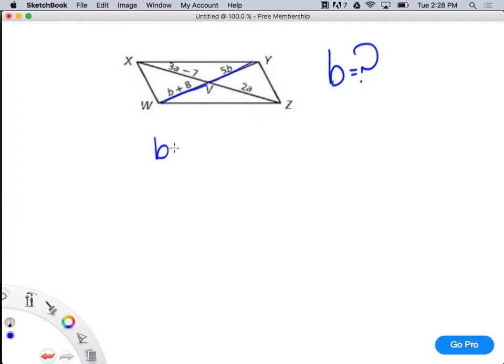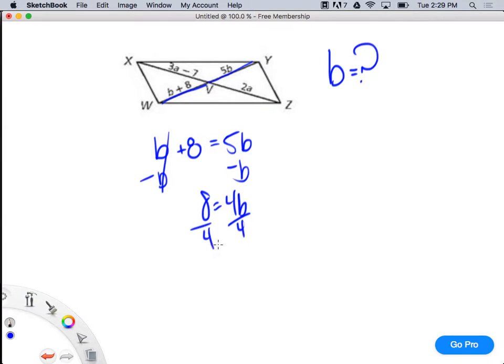So if I want to solve for b, I do b plus 8 equals 5b. I subtract b from both sides. I get 8 equals 4b. Divide both sides by 4. I get b equals 2.